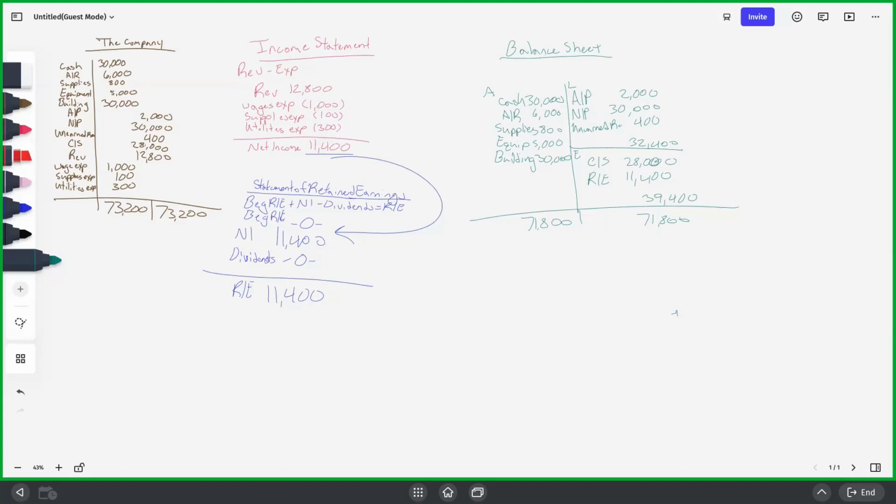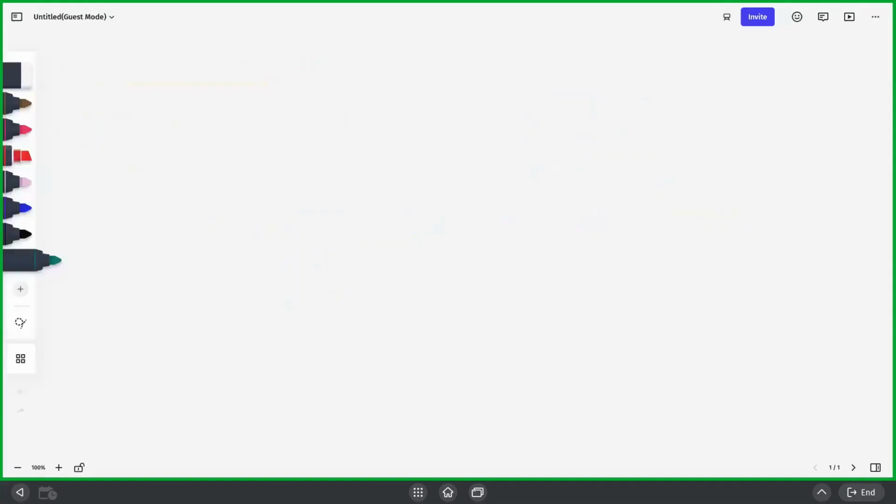We don't need to know all 9 steps of the accounting cycle, but we will need to know the first 4. Can anyone tell me what the first 4 in the accounting cycle are? Analyze transactions. Record journal entries.